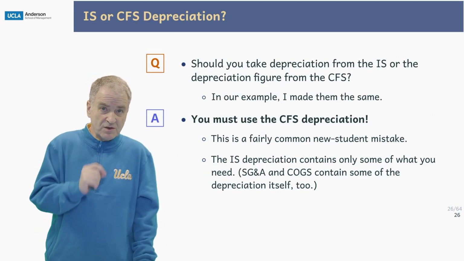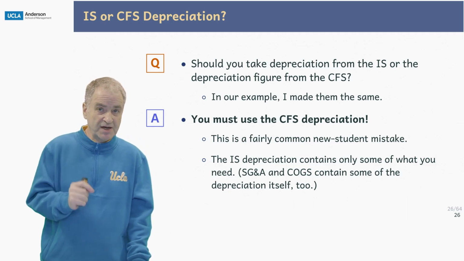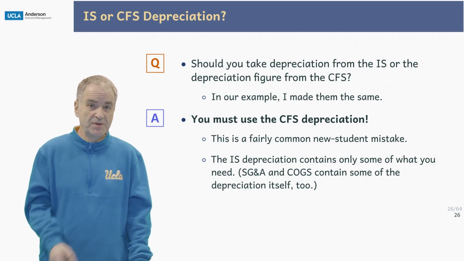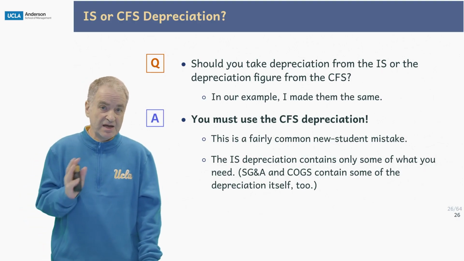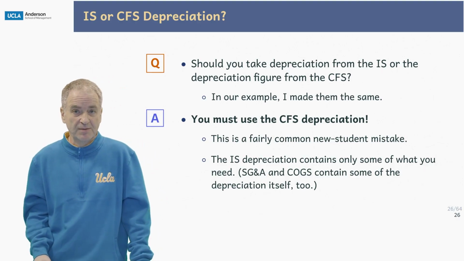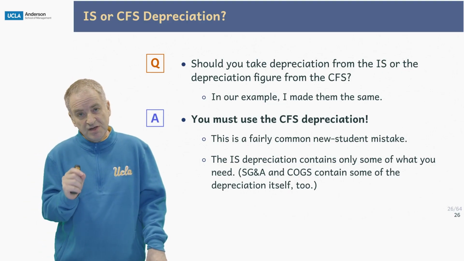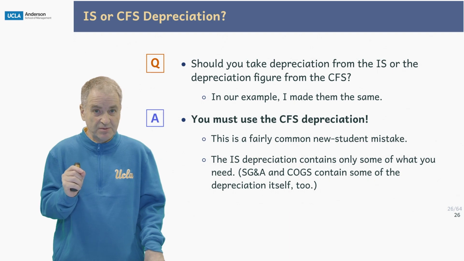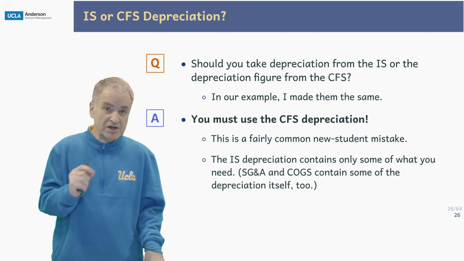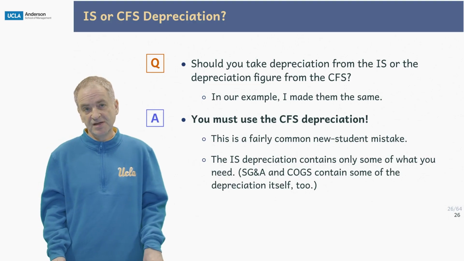Now, this is already something that I mentioned. Depreciation should come from the cash flow statement, not from the income statement. It's a fairly common new student mistake. I actually made that one for a long time myself. And the reason why the two are different is because some of the depreciation of what we really need in the cash flow statement has been rolled into SG&A and COGS on the income statement in a real financial statement.